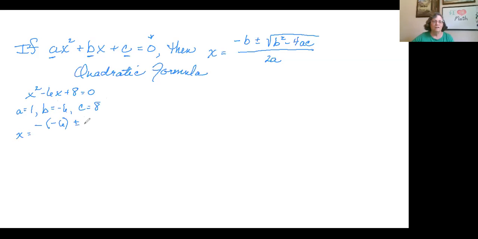So if I plug these into the formula, I'm going to get negative b, so minus -6, plus or minus the square root of b squared minus 4 times a times c, and the whole entire thing, make sure you draw the whole line here, over 2a.